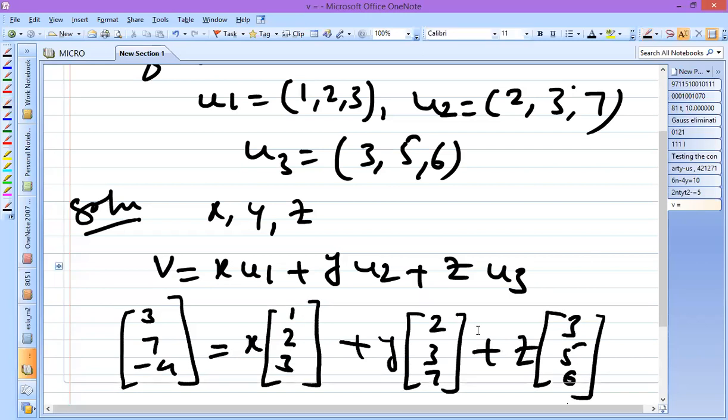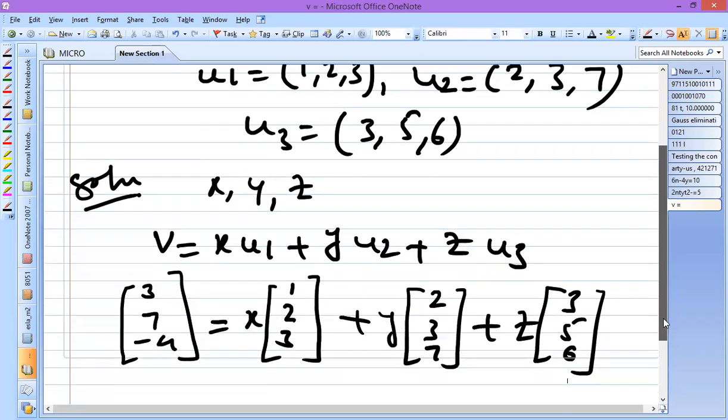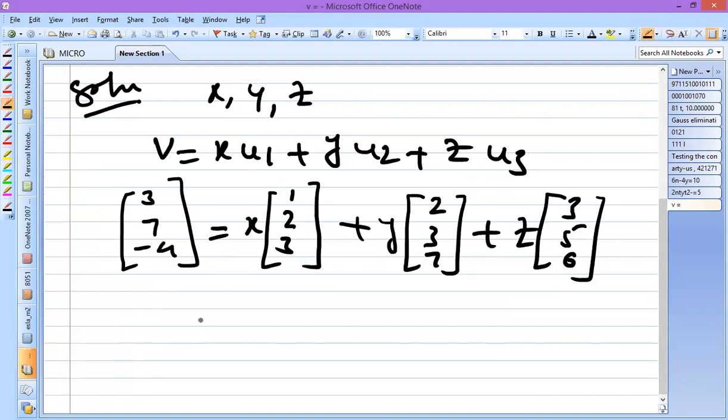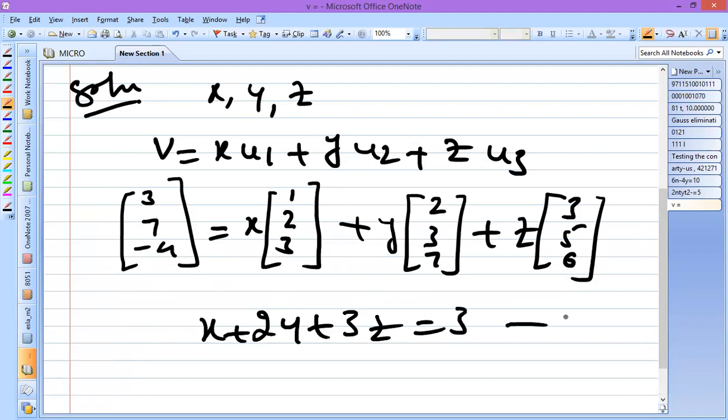Now from this write the equations for the variables x, y, z. So what do you get? x into 1 is x, plus y into 2 is 2y, plus 3 into z is 3z, which is equal to how much? 3. Take this as equation 1.